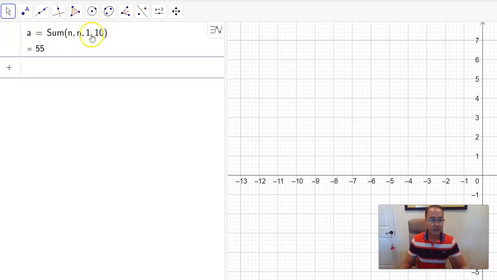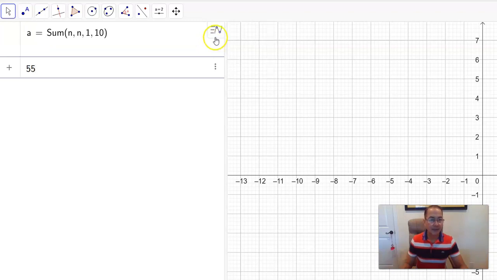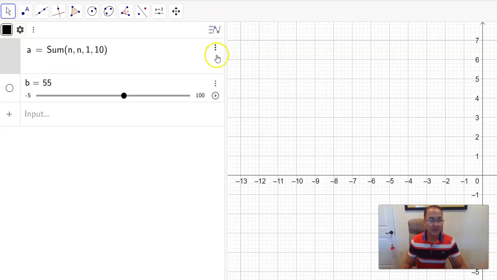All right, so this is the sum command, and let's duplicate it. Duplicate input. Okay, here we go.